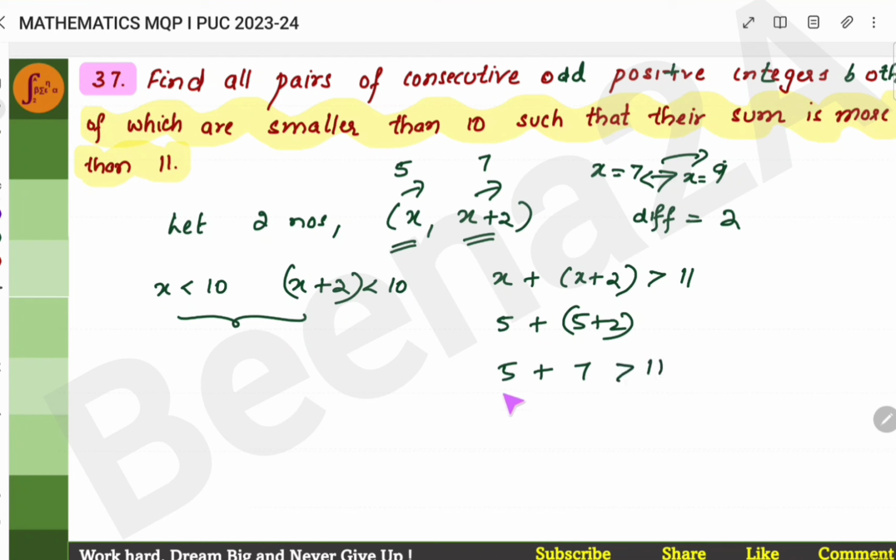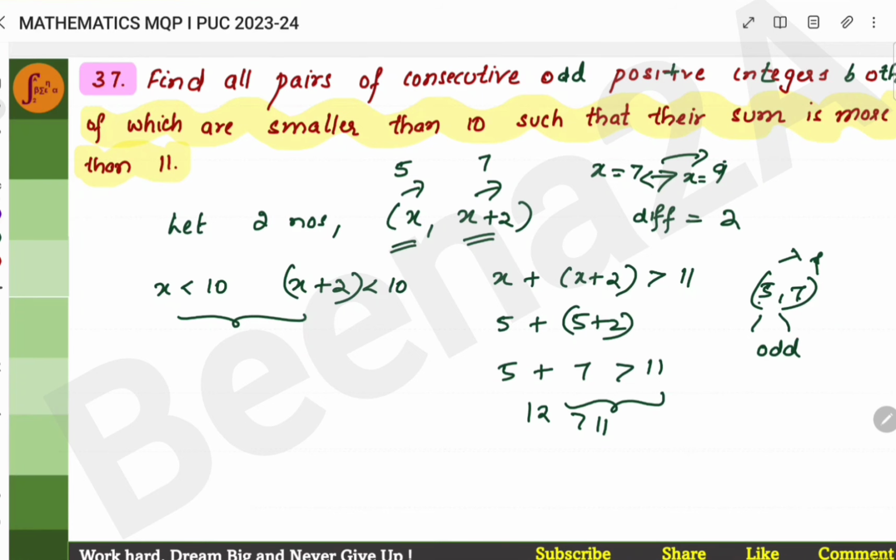It should be greater than 11. 5 plus 7 is 12, which is greater than 11. So 5 and 7 satisfy the conditions given here. Both are odd numbers. They are consecutive, that means immediate numbers. Smaller than 10: 5 and 7 both are smaller than 10. And their sum is more than 11.